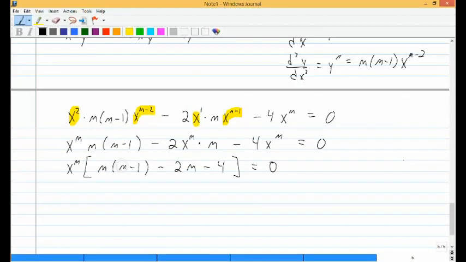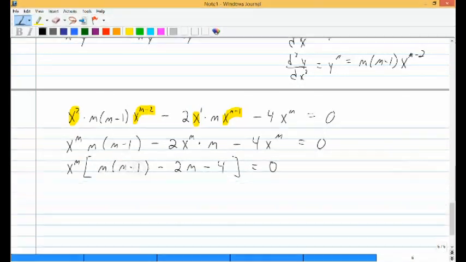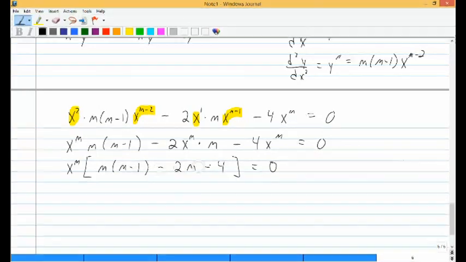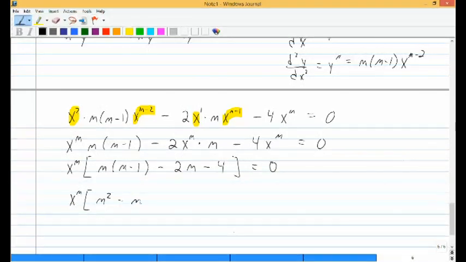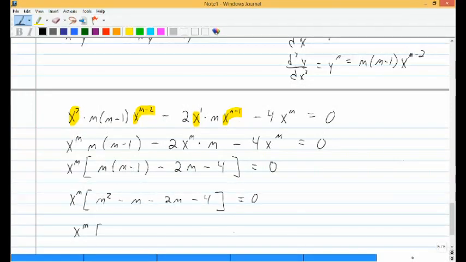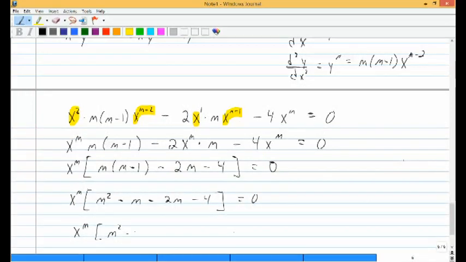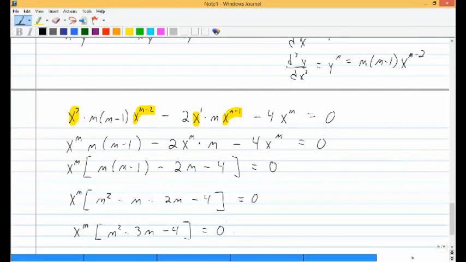Because now I can multiply this m out, and I can write this as a quadratic. So I have x to the m times m squared minus m minus 2m minus 4 equals 0. So I have x to the m times m squared minus 3m minus 4 equals 0.